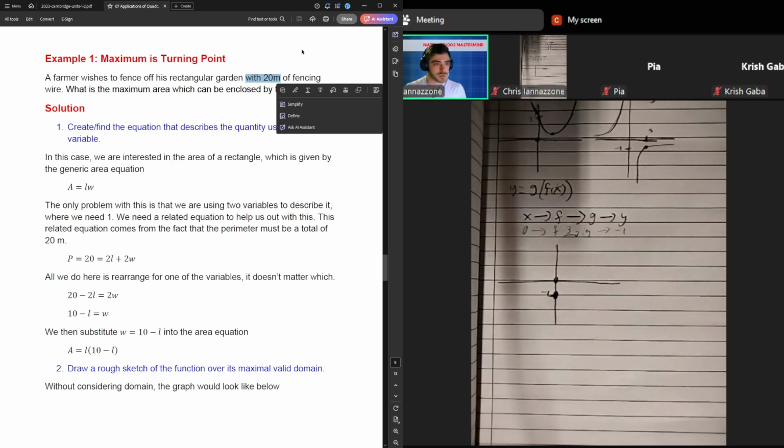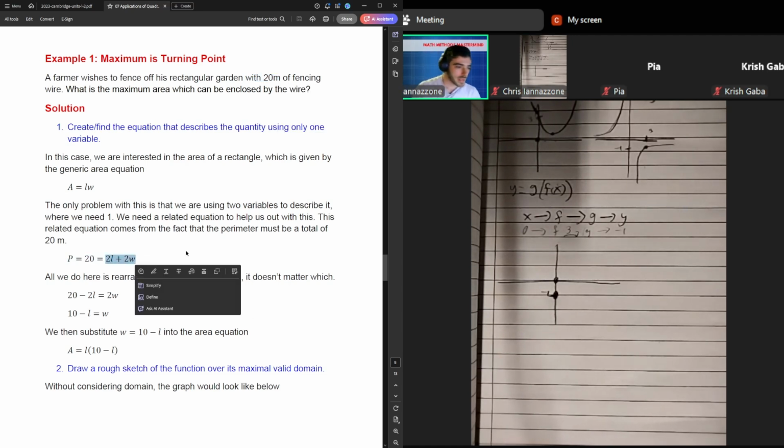So the fact that our total perimeter is going to be 20 meters means that, well, perimeter equals 20. And if you think about how the rectangle works, you're going to have two lengths, two widths that make up the total perimeter. So that gives you your final equation, 20 equals 2L plus 2W. Doesn't matter which one you want to rearrange for.